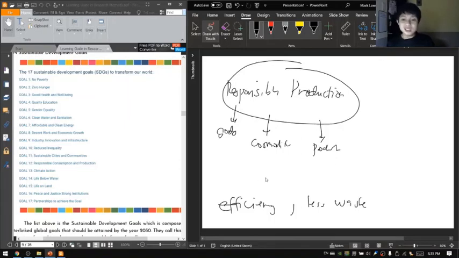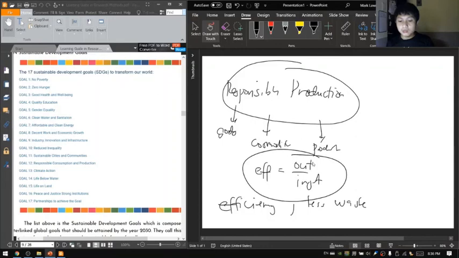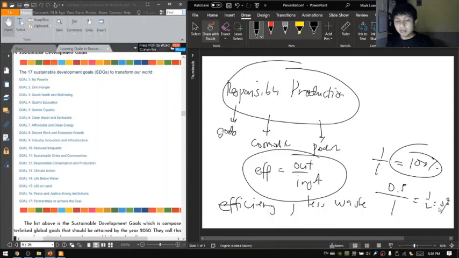When we say less waste, that's actually efficiency, because efficiency is equivalent to output over input. Okay, so obviously, kapag ang output mo ay 1, ang input mo ay 1, you have 1, so that's 100%. But if your output is 0.5 and your input is 1, obviously you only have an efficiency of 1/2, or 50%.